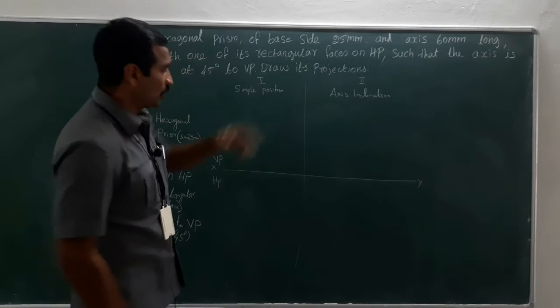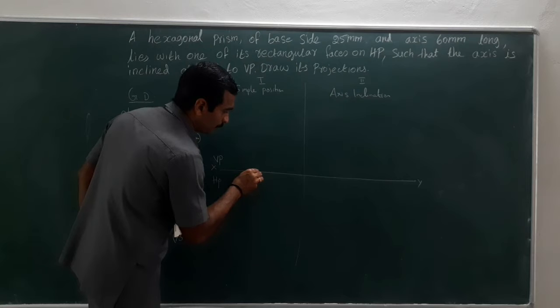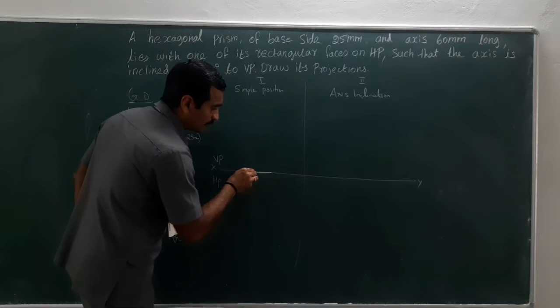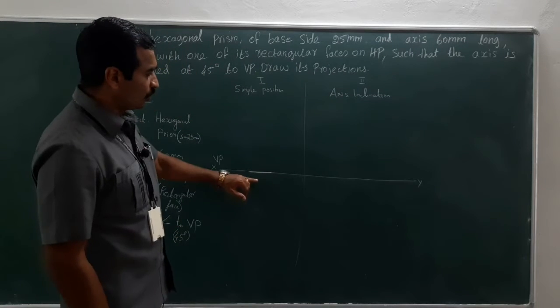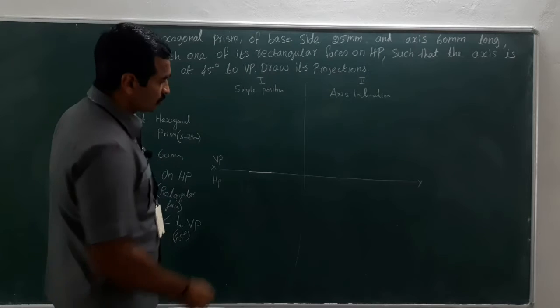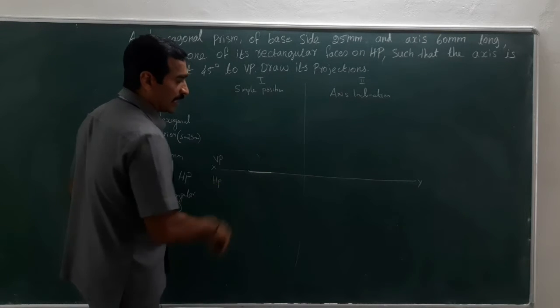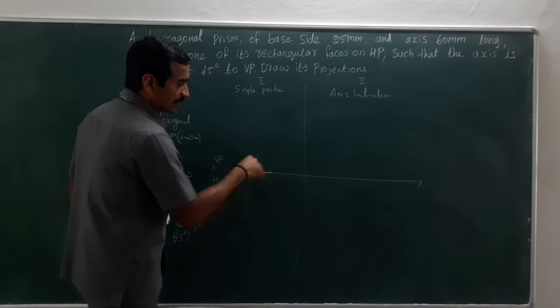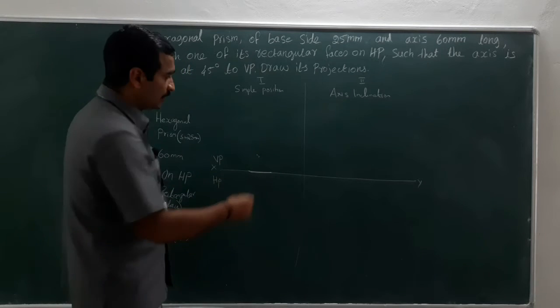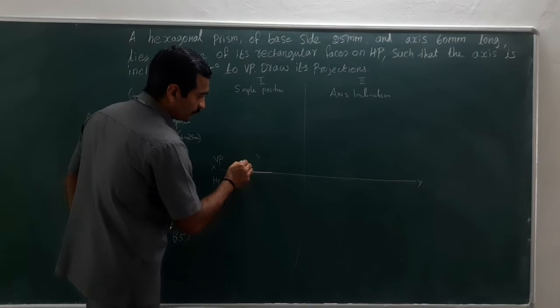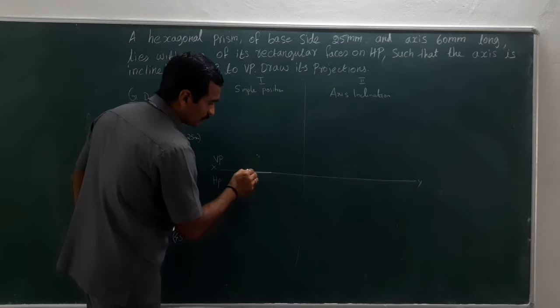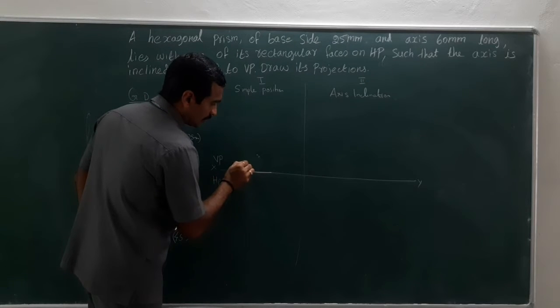So take the side of 25 mm. You know how to draw the hexagon. Measure the distance, that is 25 mm, keep it here, and cut an arc. Similarly, keeping it at the other end, cut an arc. Now this is the center, make a circle.